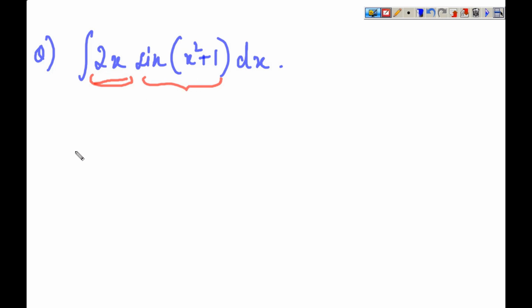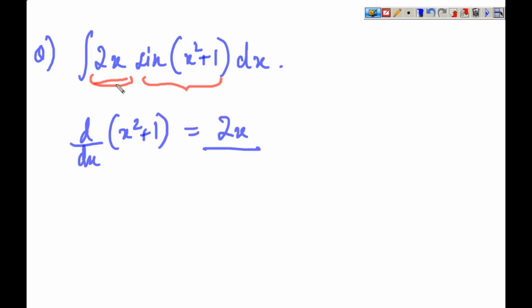Let me explain here. If we pick x squared plus 1 and differentiate it, I'll get 2x, right? And we can see that 2x is already in this function, so I can substitute x squared plus 1 and put t equals x squared plus 1, right?